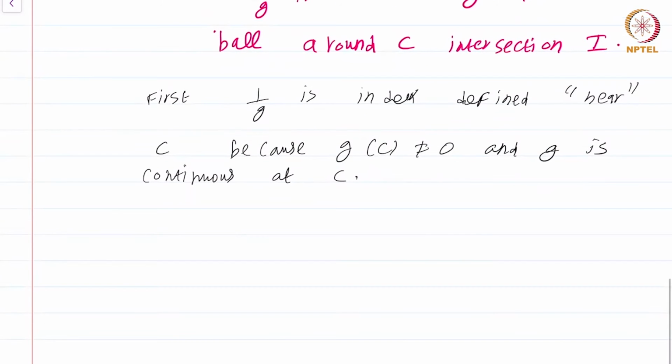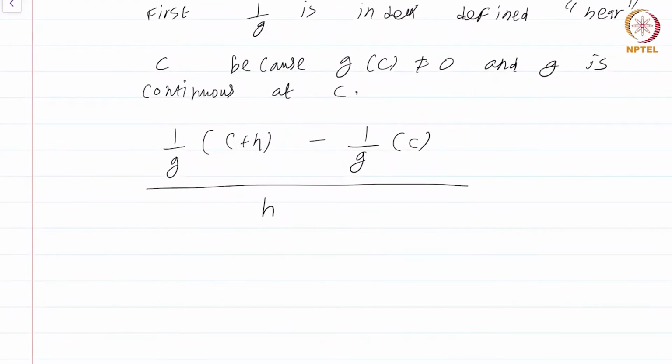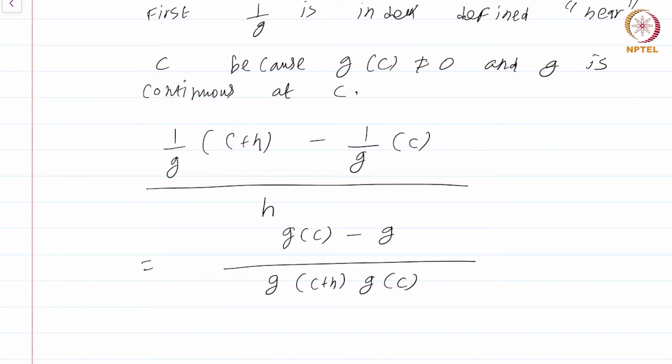Now, let's write down what the derivative of 1 by g has got to be by writing the quotient. So, we need to compute (1/g(c+h) minus 1/g(c)) by h. Well, that's rather easy. We just do LCM and this will give you g of c plus h times g of c in the denominator, and in the numerator we will get g of c minus g of c plus h, and this h which was originally there will go here.